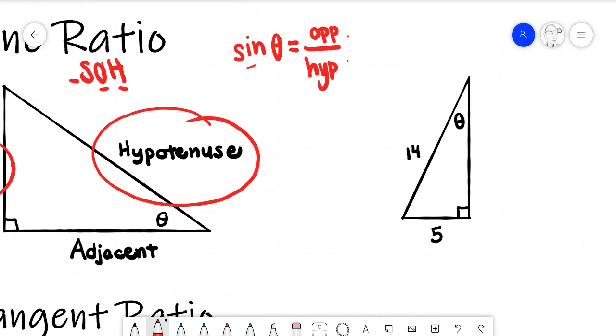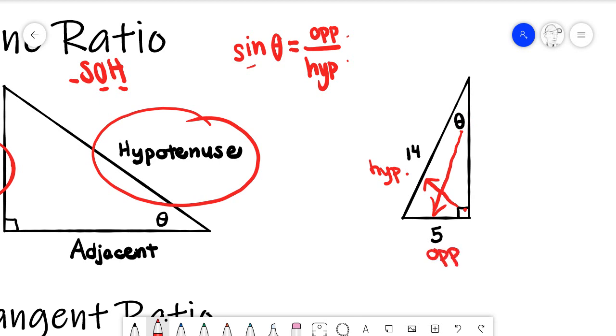First of all, your right angle is here, so the side opposite it is your hypotenuse. And this is your angle of interest, theta. What's opposite of it is your opposite side.